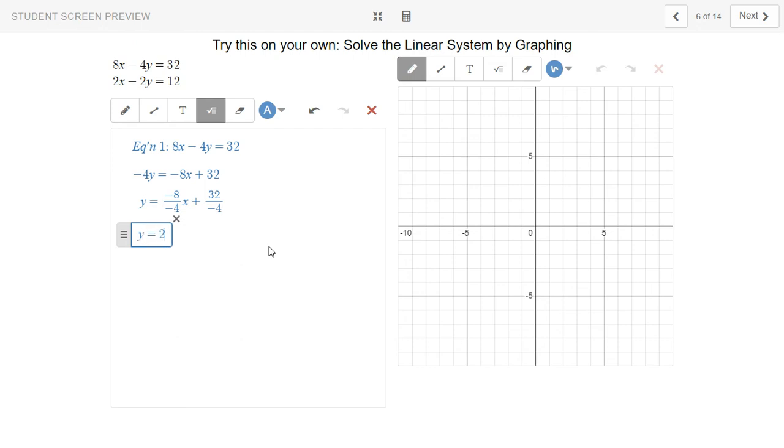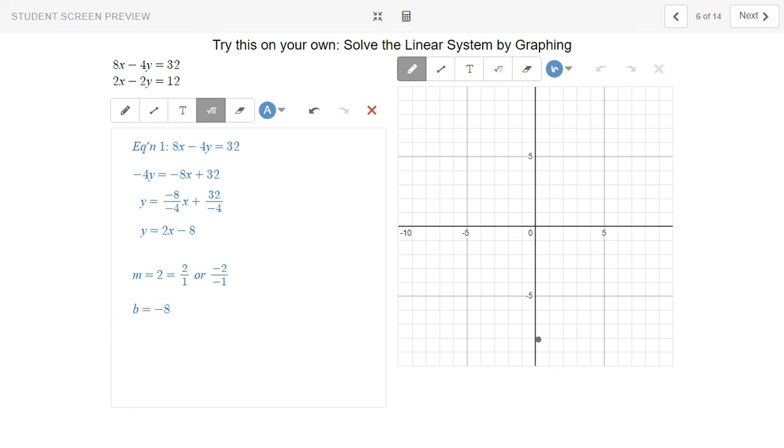We have y is equal to 2x minus 8. So our slope is 2, which means it should be interpreted as 2 over 1 or negative 2 over negative 1. Y-intercept is negative 8.